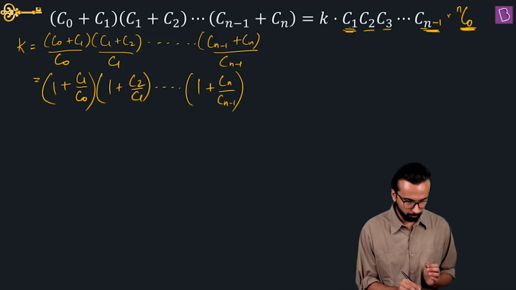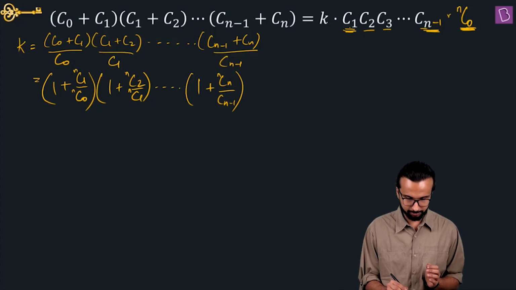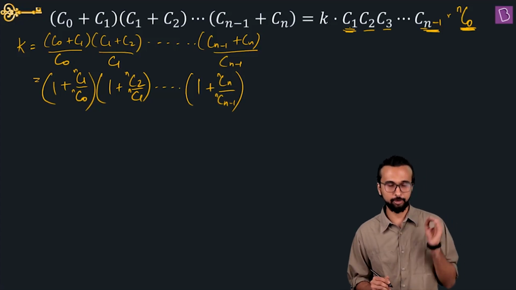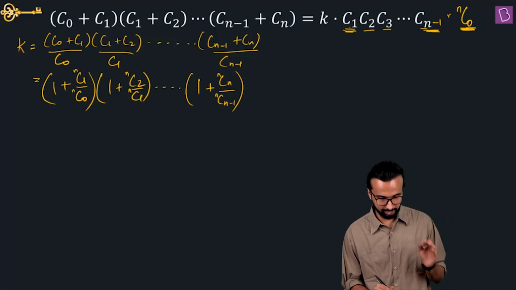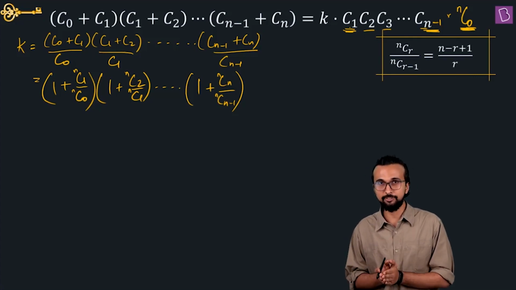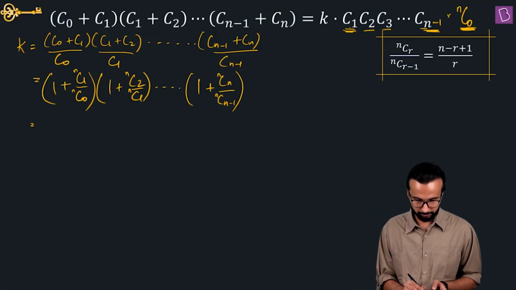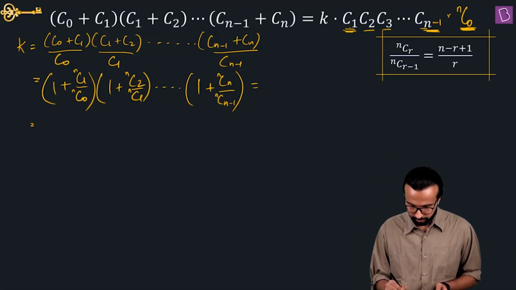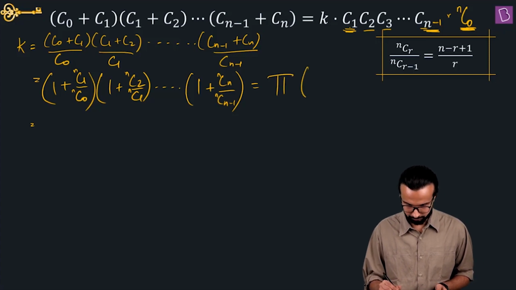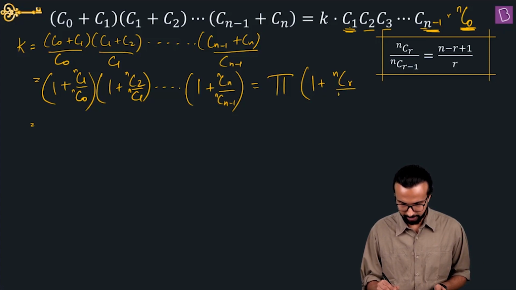What is nC1 by nC0, nC2 by nC1, nCn by nC(n-1)? For that we use nCr by nC(r-1), which is nothing but (n-r+1) divided by r. So this can be written as the product of (1 + nCr/nC(r-1)), where r goes from 1 to n.